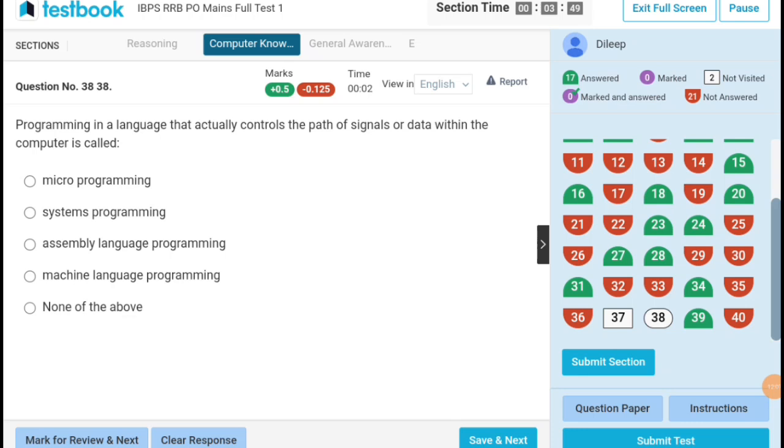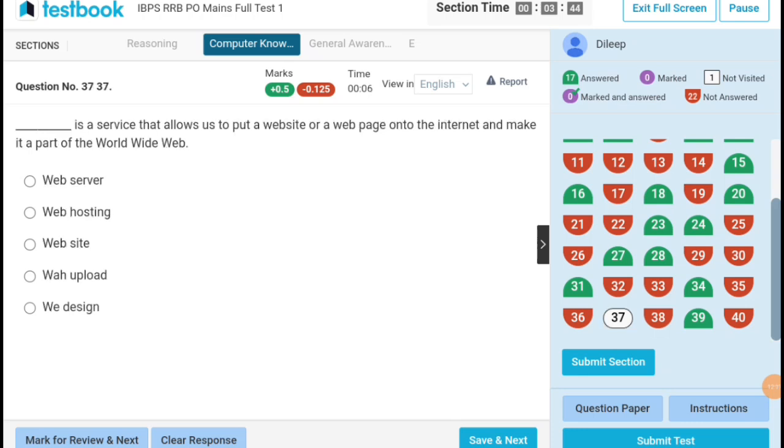Programming in a language that actually controls the power signals or data within the computer is called. Dash is a service that allows us to put a website or web page onto the internet.